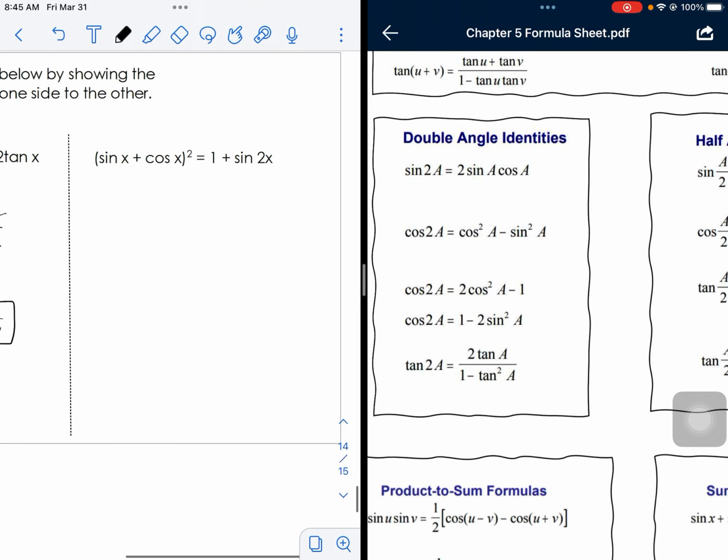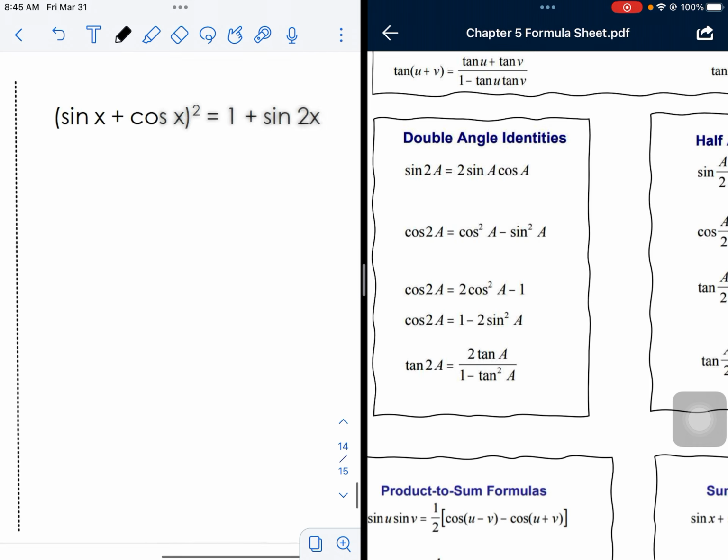All right, this last one, a few more steps to it, but nothing too crazy. Again, all we're going to do here is recognize that we have a squared term. So whenever you're squaring a quantity like this, separate it into 2 parentheses. So sine of x plus cosine of x times sine of x plus cosine of x.